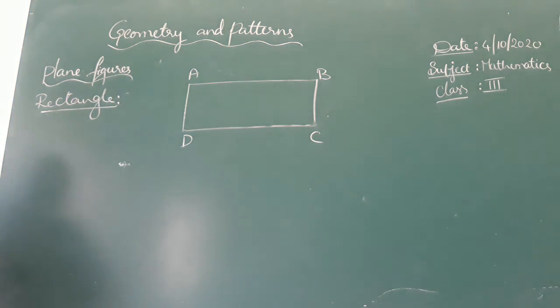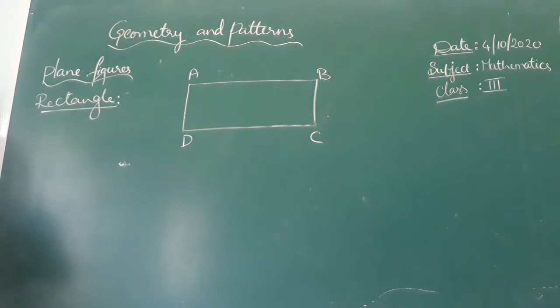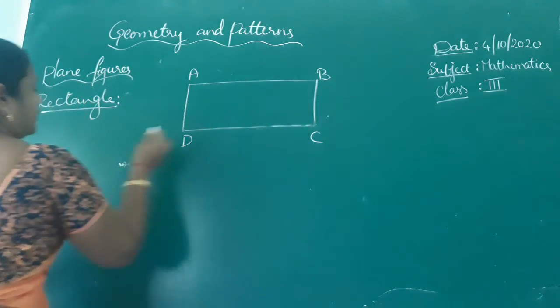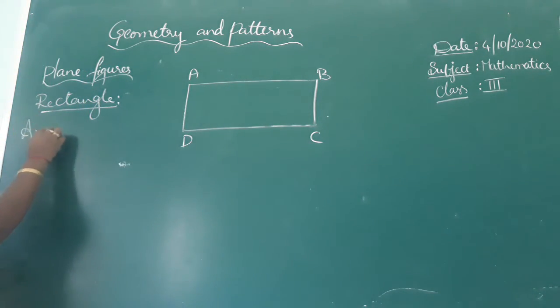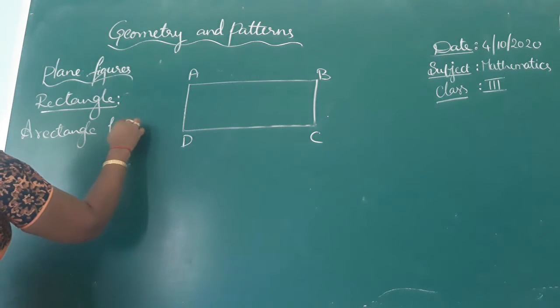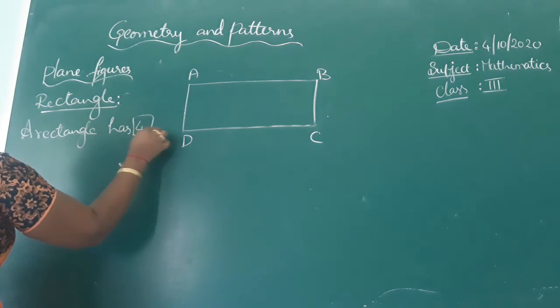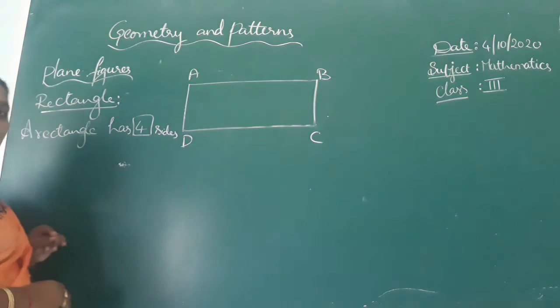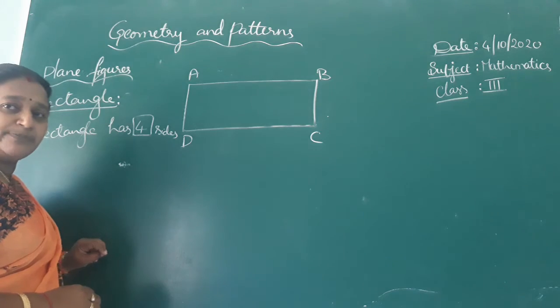A, B, C, D. This rectangle has four sides: 1, 2, 3, 4. A rectangle has four sides. It has four corners. Corner means where two lines meet at a point.